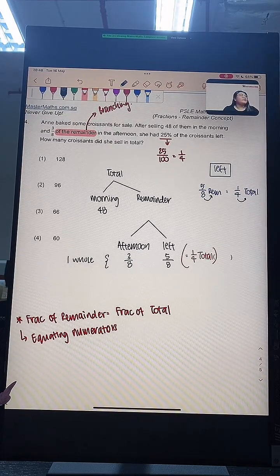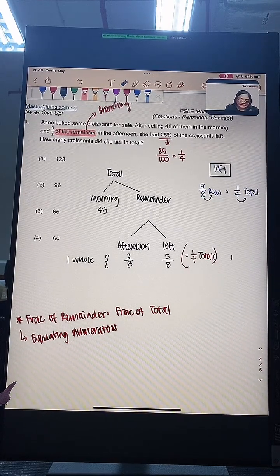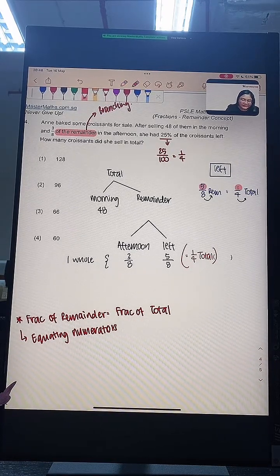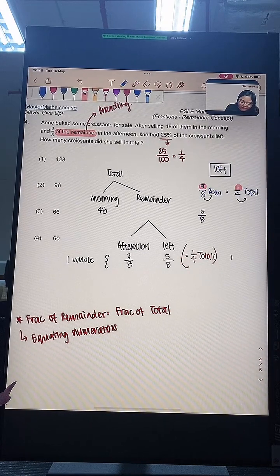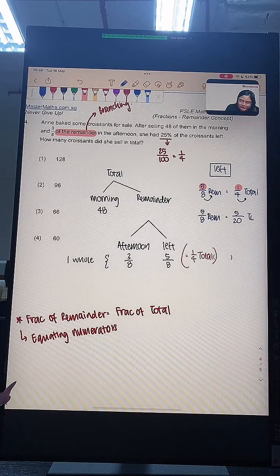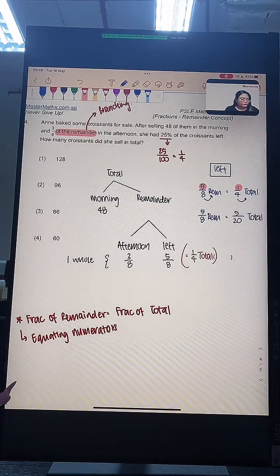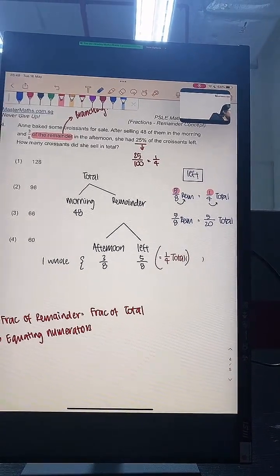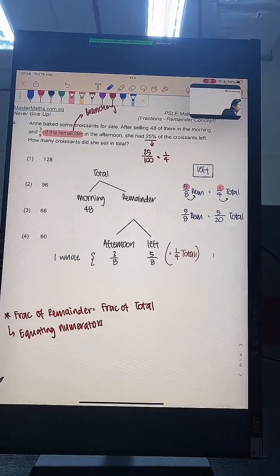We equate the numerators instead. So we make the 5 and the 1 the same. We are going to get 5 out of 8 of the remainder equals 5 out of 20 of the total.